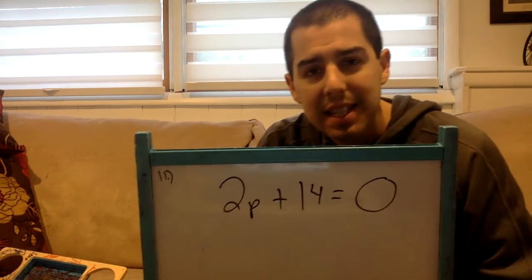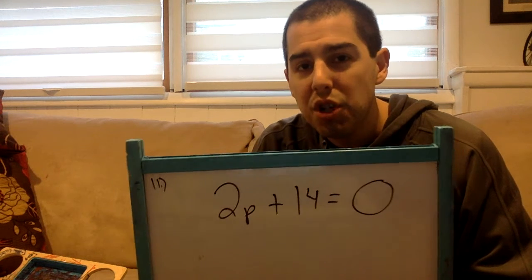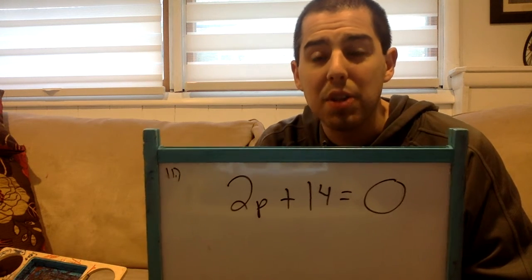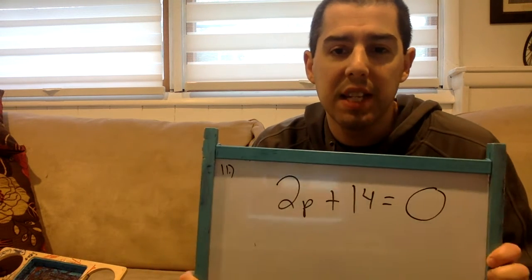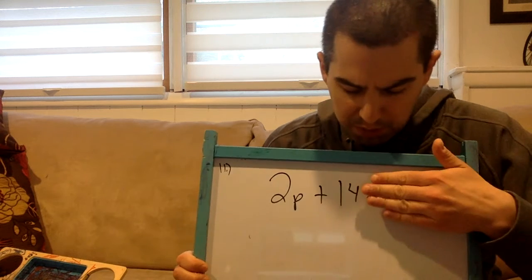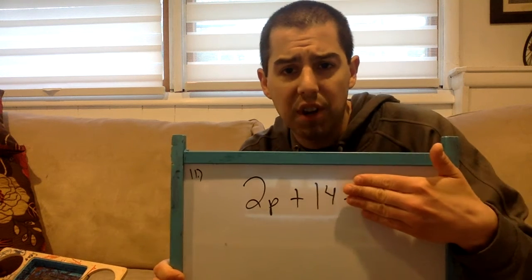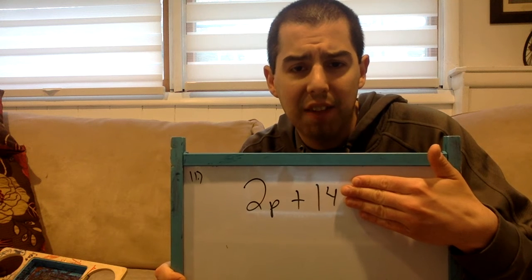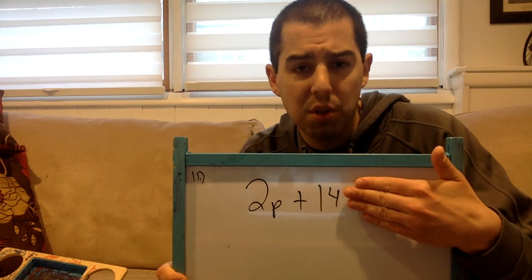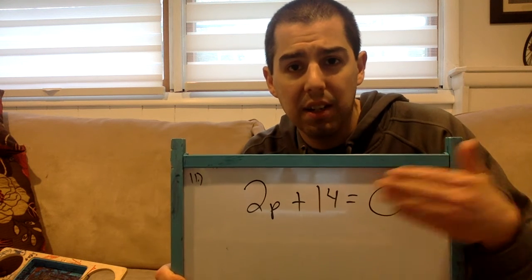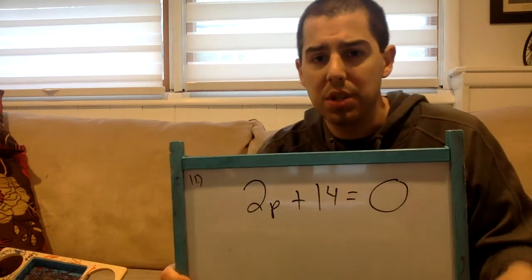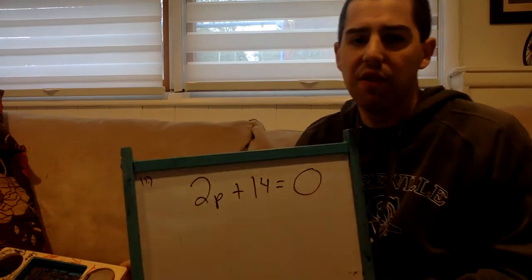Now, let's think about undoing the operations by using the inverse. The two things that I see on the side with my variable, remember, you always want to be hyper focused on where's the variable. The variable is on the left. It's being multiplied by 2 and added by 14. So you want to undo those operations in the reverse order.